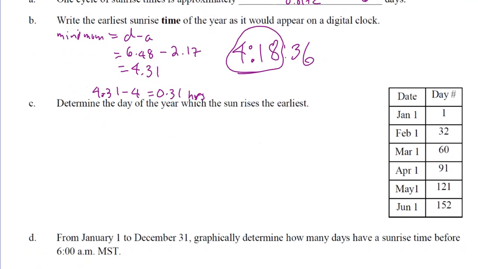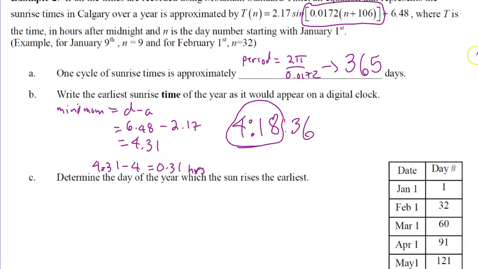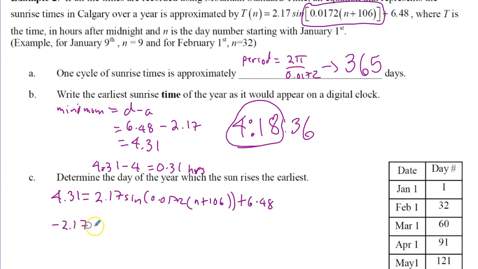So if I put the 4.31 is equal to 2.17 sine 0.0172, plus 6.48, then negative 2.17 is 2.17 sine 0.0172 n plus 106.